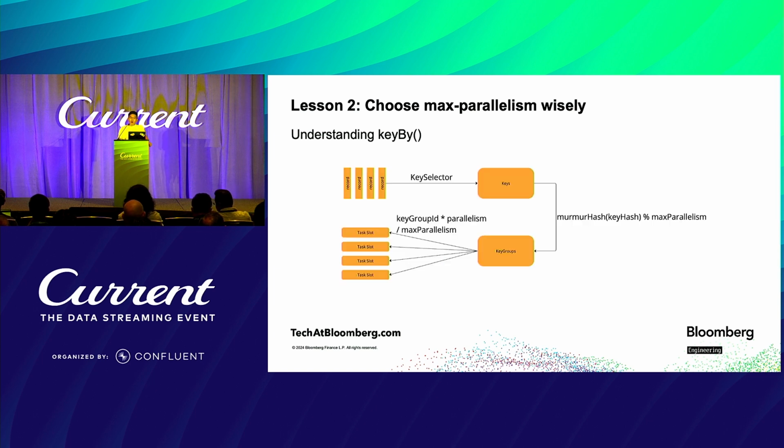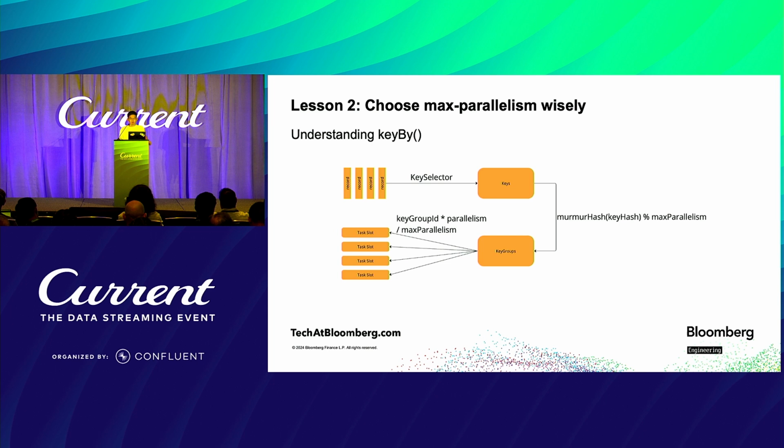So now we understand what keyBy does in our Flink application. Let's take a look at how keyBy is executed. What is going on under the hood when we're performing keyBys in our application? The general process of keyBy can be broken into three steps.